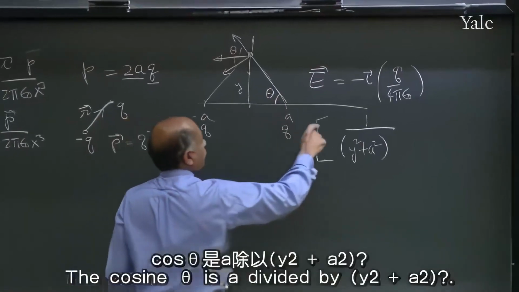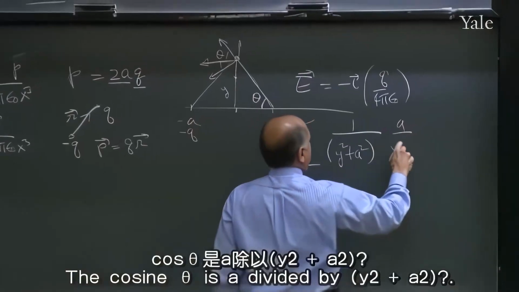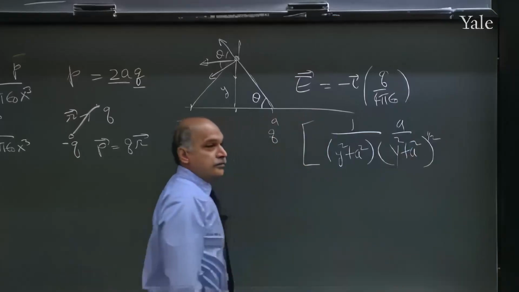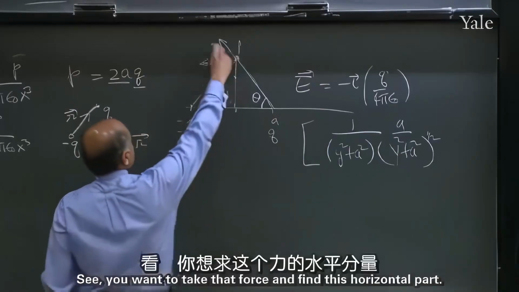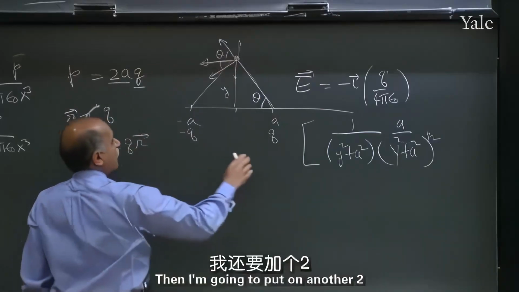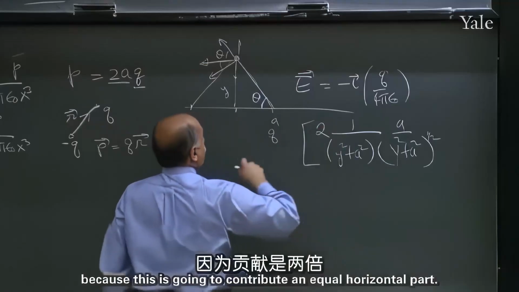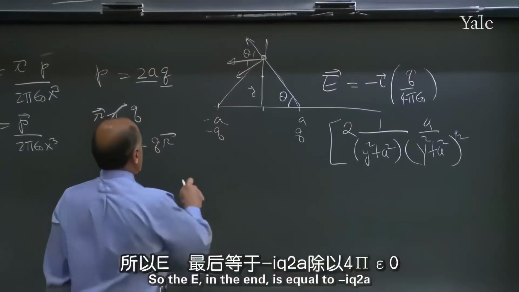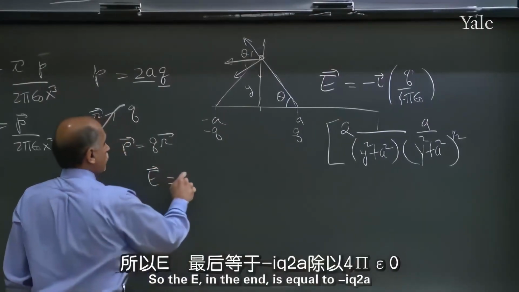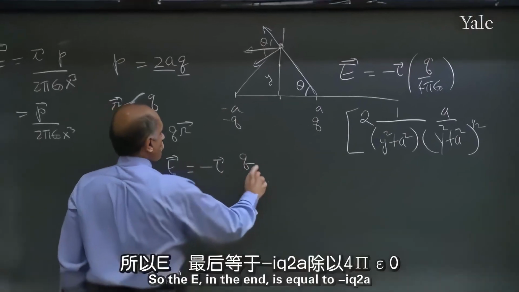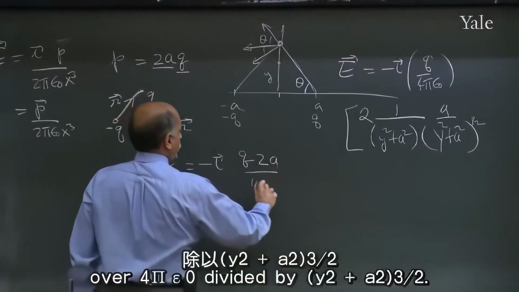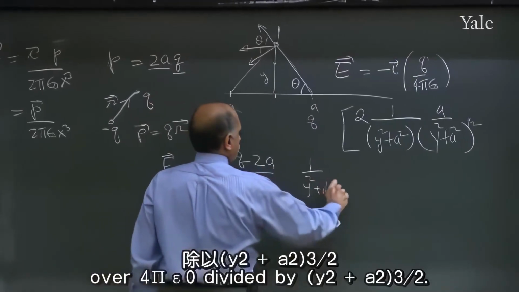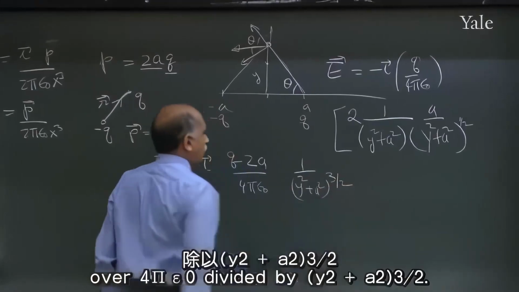The cosine theta is a divided by y squared plus a squared to the 1/2. You want to take that force and find its horizontal part. Then I'm going to put on another 2 because this contributes an equal horizontal part. So the E in the end is equal to minus i q 2a over 4 pi epsilon 0 divided by y squared plus a squared to the 3 over 2.